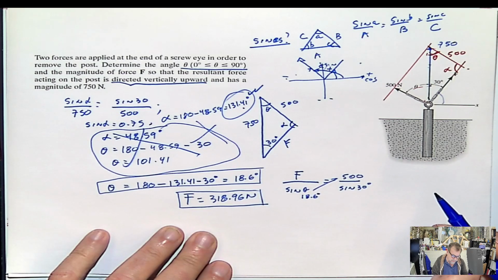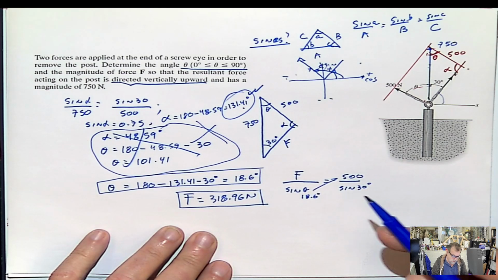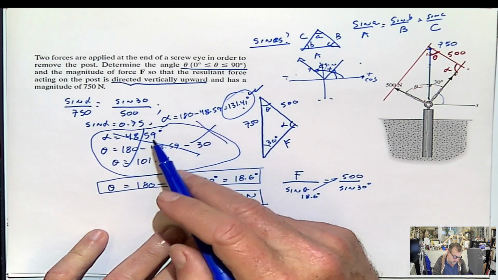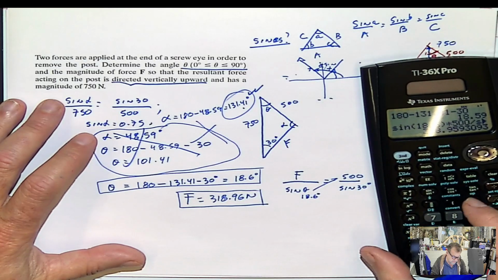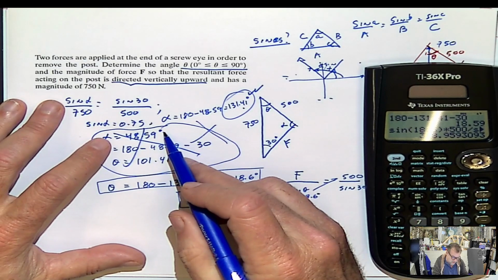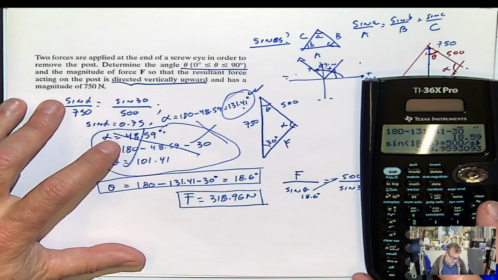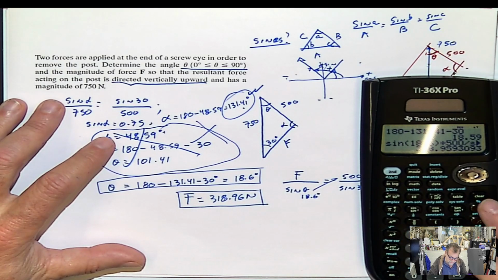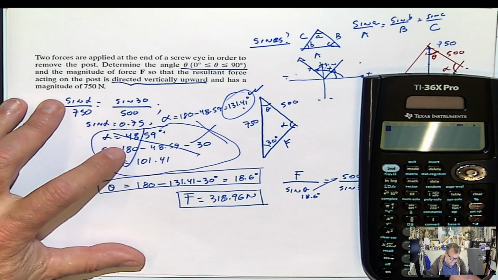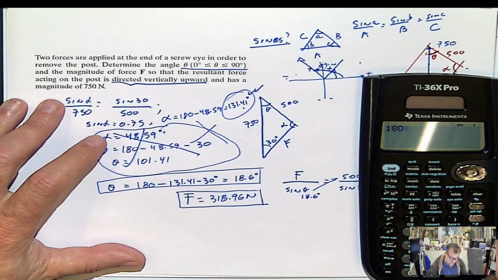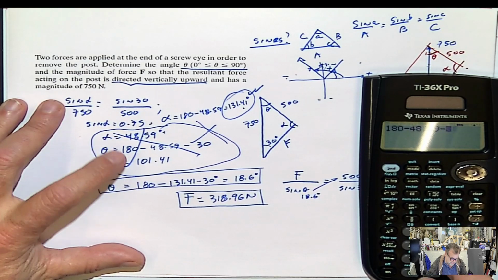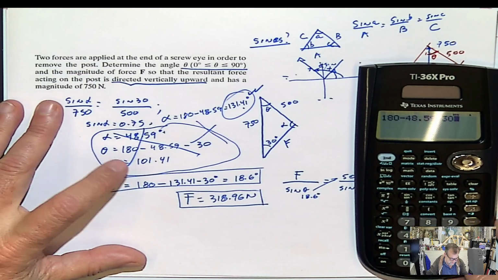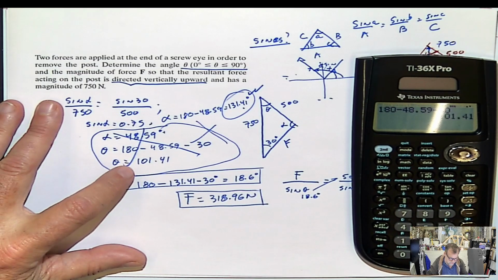Now, what would happen if we continue with that angle? I never did it before, but let's see what happens. If I continue with the wrong angle, that means that this value here will be 180 minus 48.59 minus 30. Oh my God, I'm so smart.